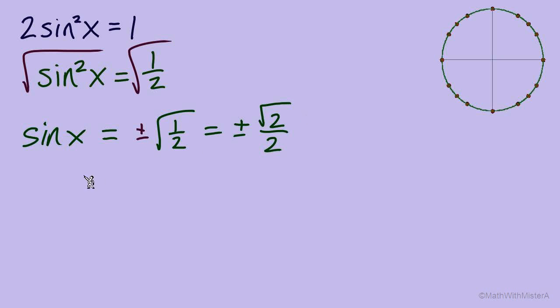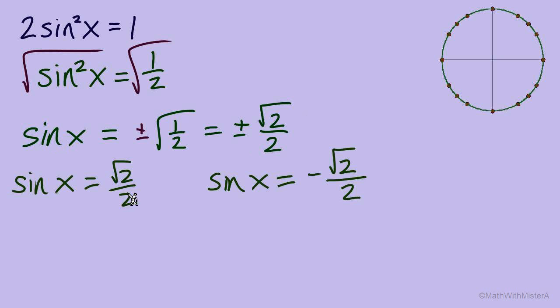So we'll be able to use some unit circle information, but the way that we have to proceed from here is to understand that we now have two separate equations to work with. We have sine x equals a positive radical 2 over 2, and we have sine x equals negative radical 2 over 2. So let's handle these one at a time. First, sine x equals a positive radical 2 over 2. Hopefully we recognize a radical 2 over 2 would be at the measures 45 degrees, 135, 225, or 315.